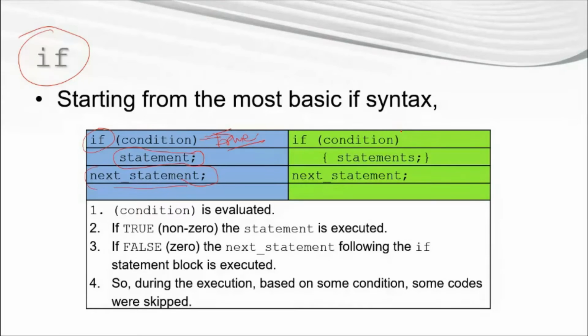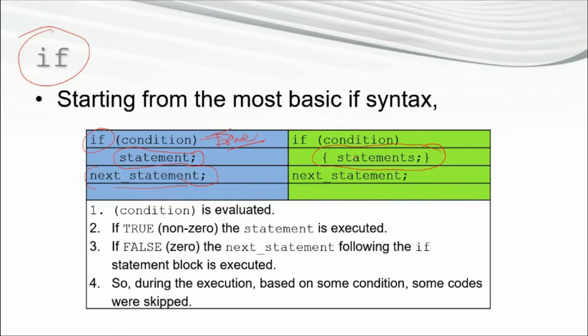There is an alternative way of writing this if condition, where there are multiple statements. If the condition becomes true, there are multiple statements that should happen. In the simple form, only one statement will be there. If there is only a single statement, you put that statement directly.